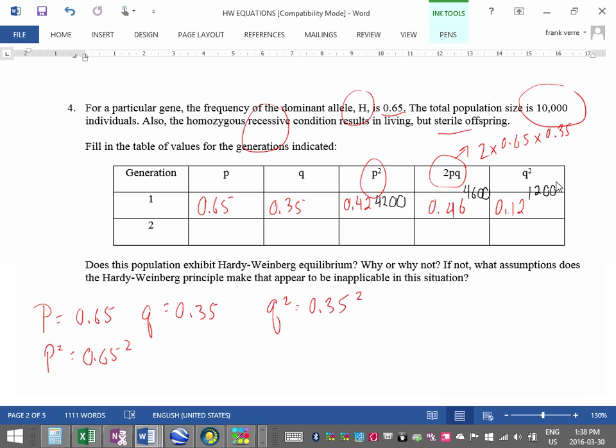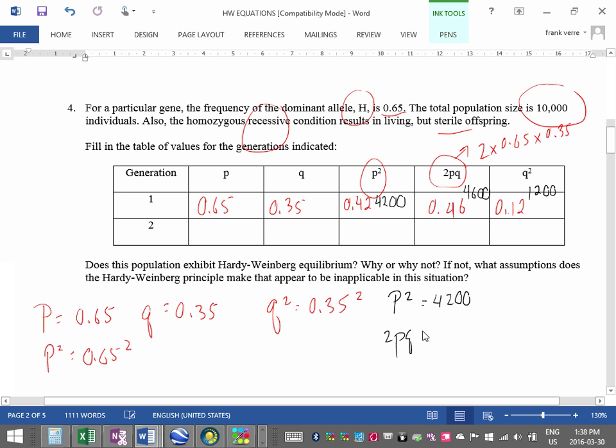Who can't have babies? Right. But we have 4,200 individuals with 2 P alleles, and we have 4,600 individuals with 1 P allele.